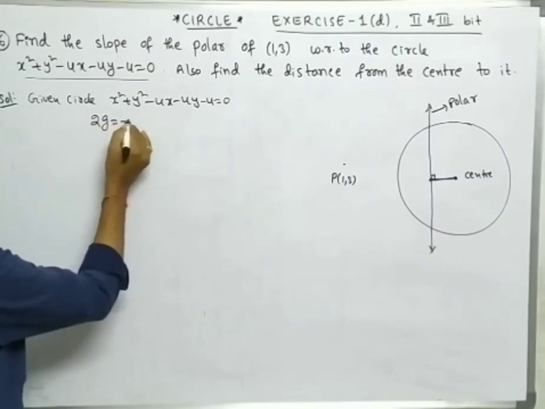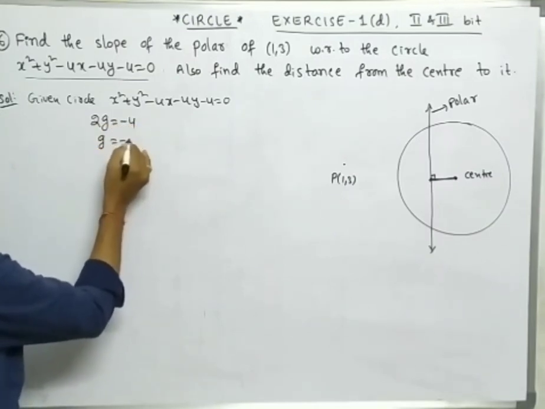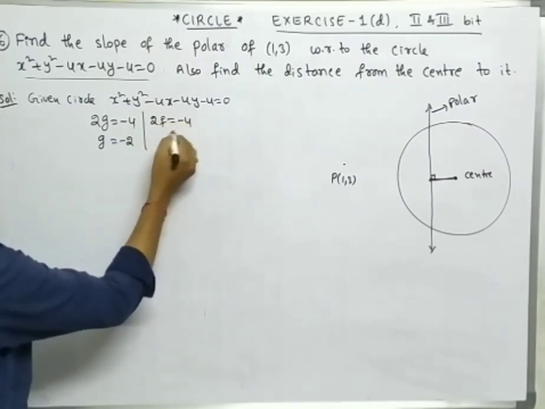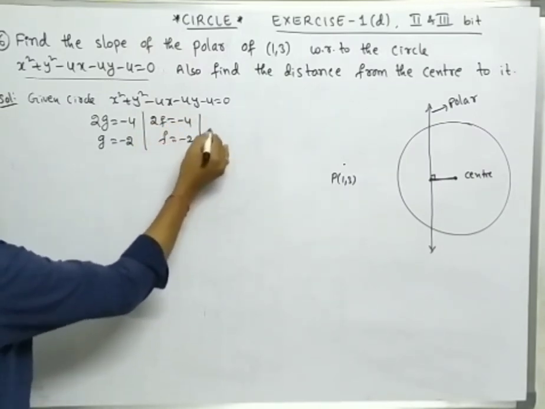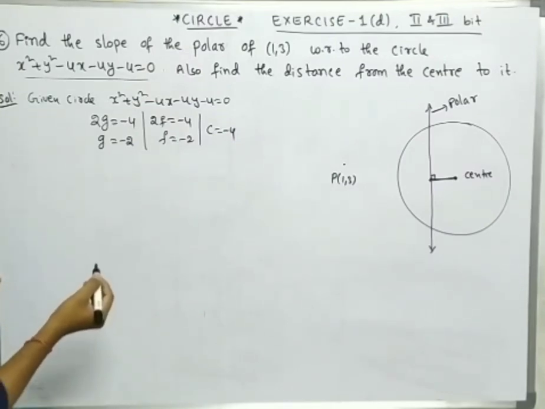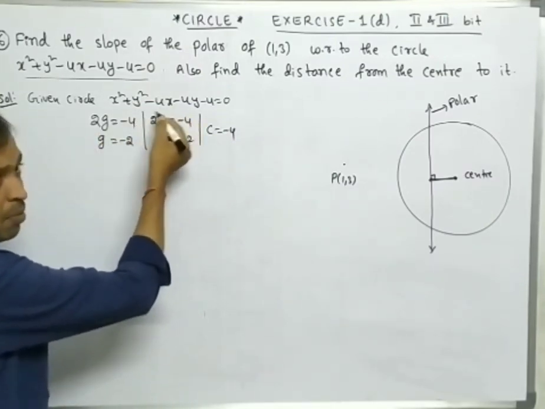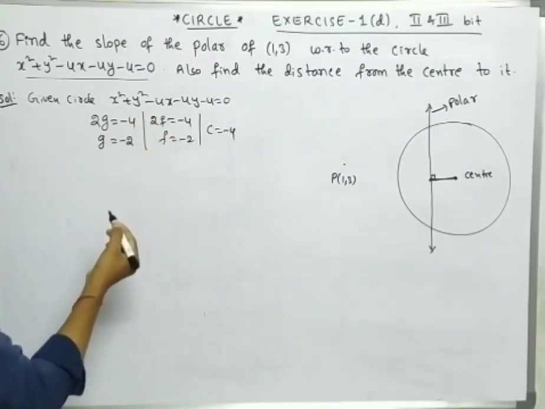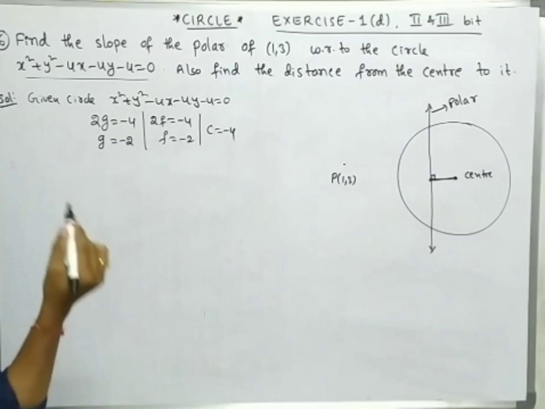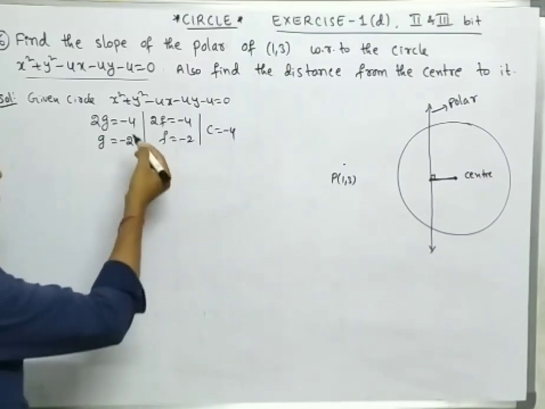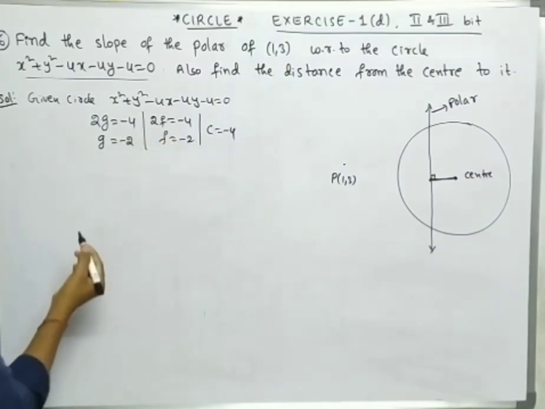Then 2g = −4, g = −2. 2f = −4, f = −2, and c = −4. We compare like this many times, so this is the most frequently repeated step. If this type of question occurs in examinations, at least write these steps.